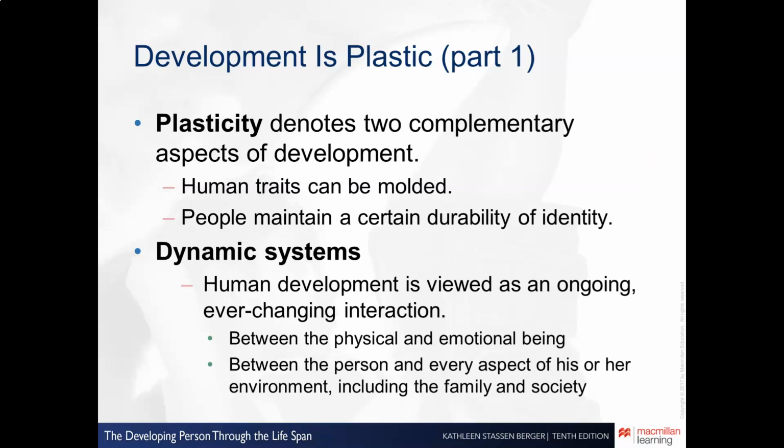And another, just really quick before I move on, a couple quick notes: human development is viewed as an ongoing, ever-changing interaction between physical and emotional being, between the person and every aspect of his or her environment, including the family and society.